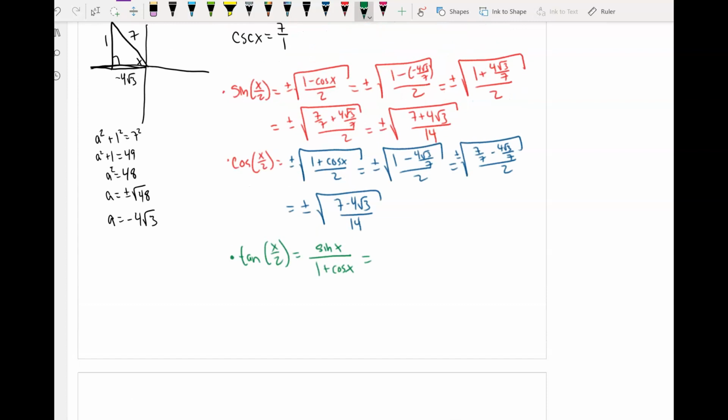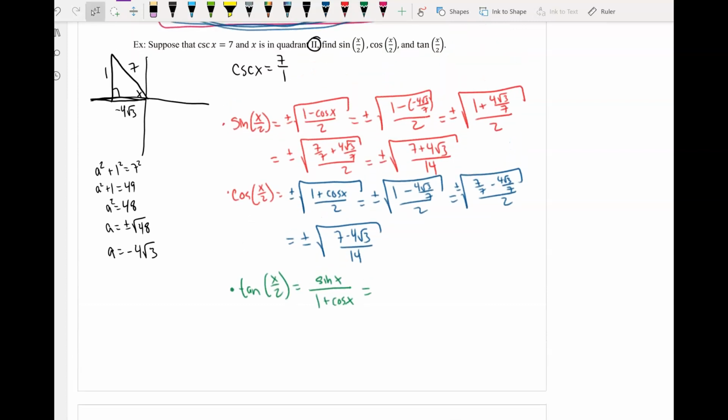We know what the sine of x is. The sine is going to be the opposite over the hypotenuse, which is 1/7. Then 1 plus cosine of x. Cosine in this case is going to be negative 4 square root of 3 over 7. So there's going to be 1/7 over 7 over 7 minus 4 square root of 3 over 7.